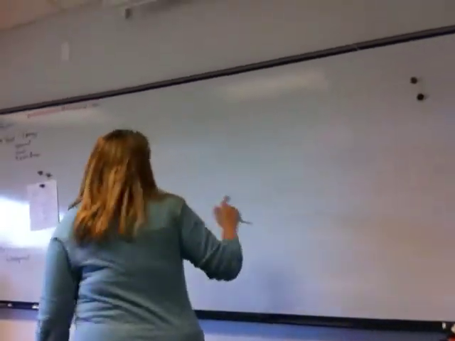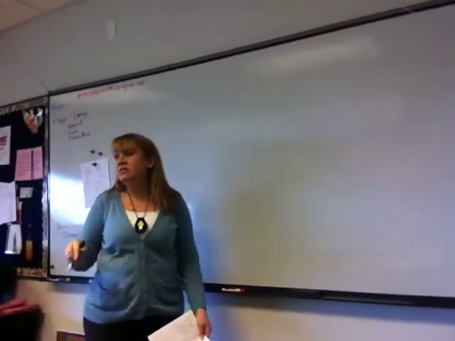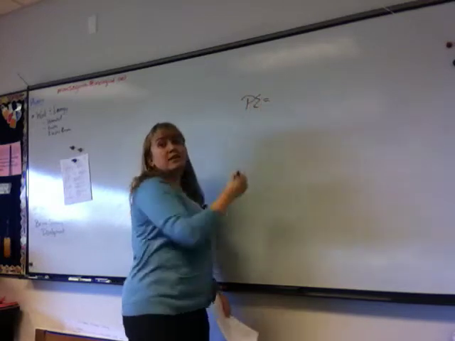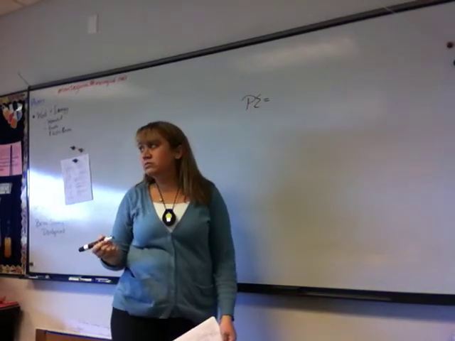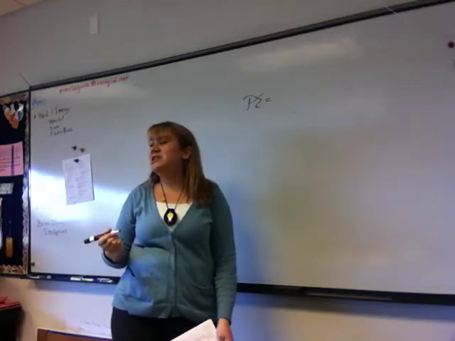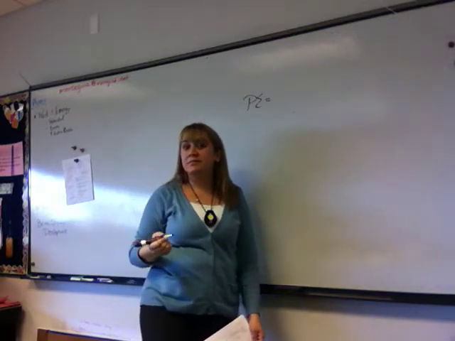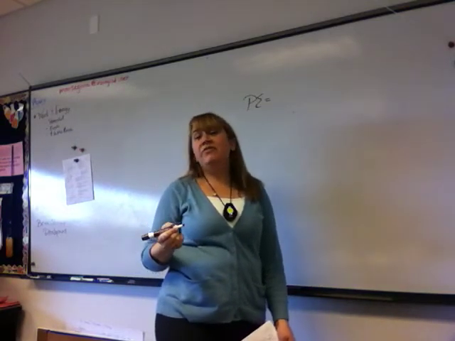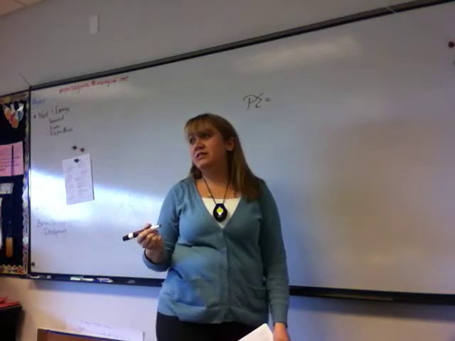All right, calculate the box's energy after it's lifted. So what kind of energy is it going to have after it's been lifted? Potential energy. So potential energy is equal to, what's the formula for potential energy? Where can we find the formula for potential energy?